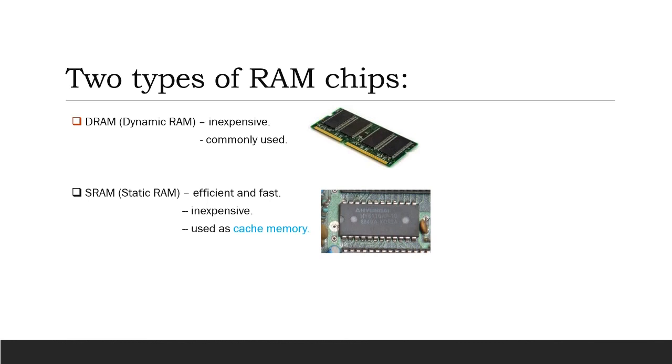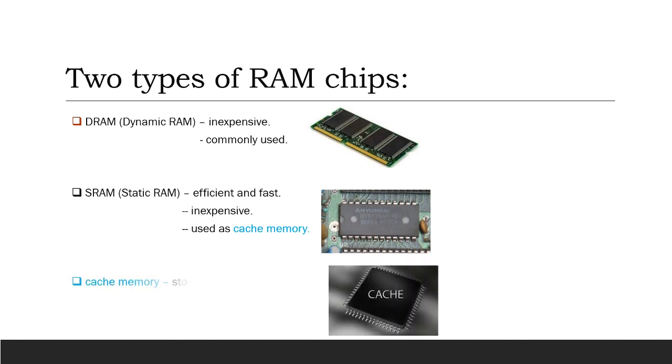Just like that, the computer stores its data which is being used quite often in an easily accessible memory. That is called cache memory. So cache memory is to store data which is used often.